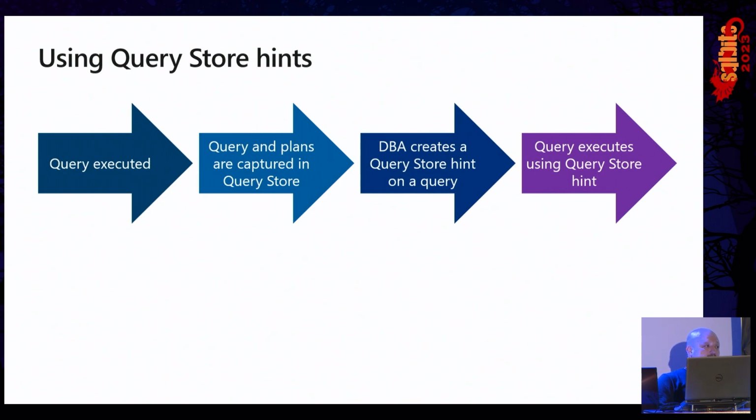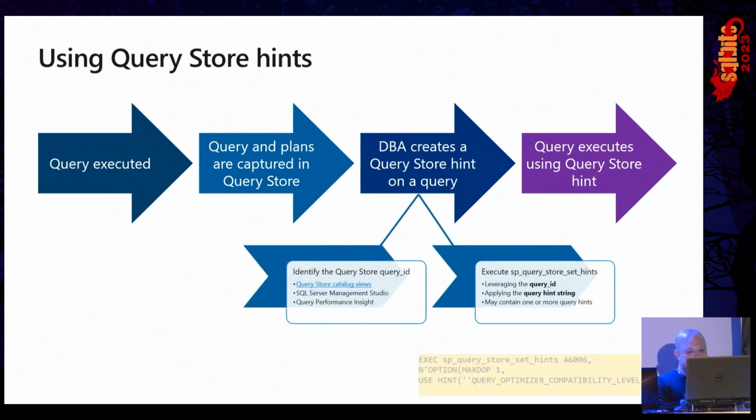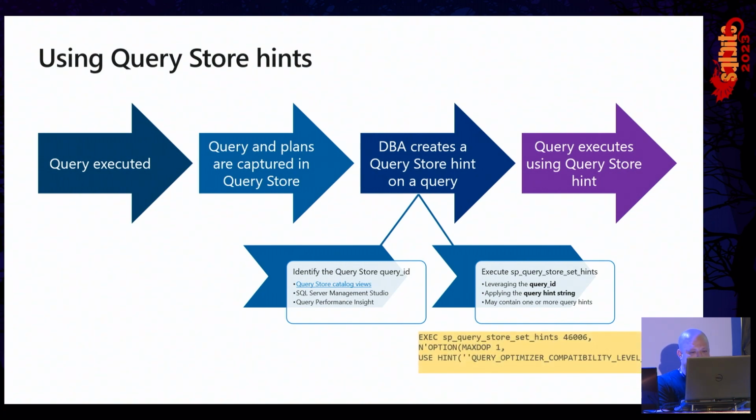So how does the DBA do this? Currently, they identify the query store query ID. They can use the query store catalog views or Management Studio. And then they execute the sp_query_store_set_hints stored procedure with the query ID and essentially one or more hints that they want to influence.